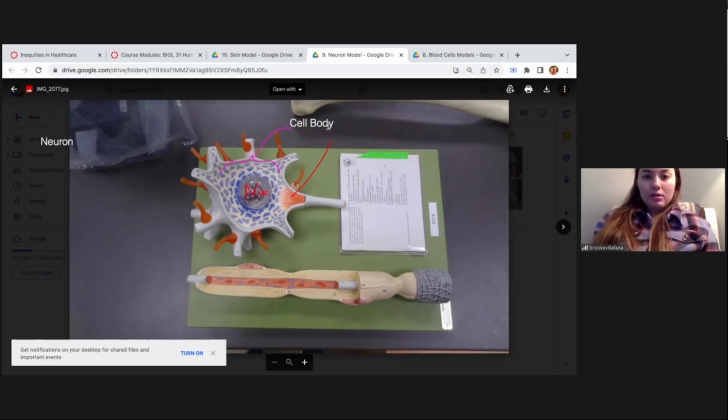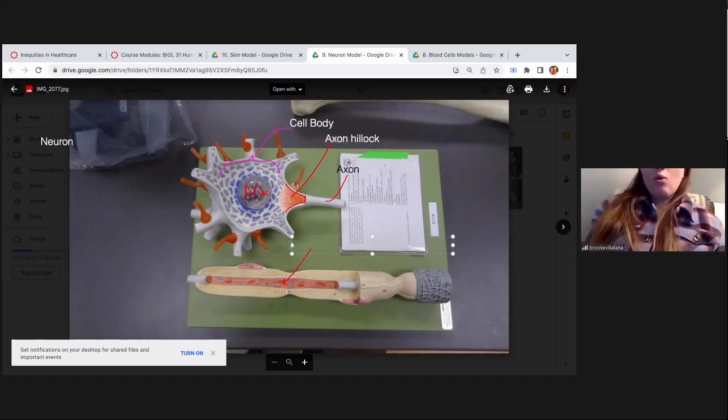This is the axon hillock. It's kind of this triangle portion here. This is the axon. And then coming down over here, that kind of meaty looking orange thing is also the axon.